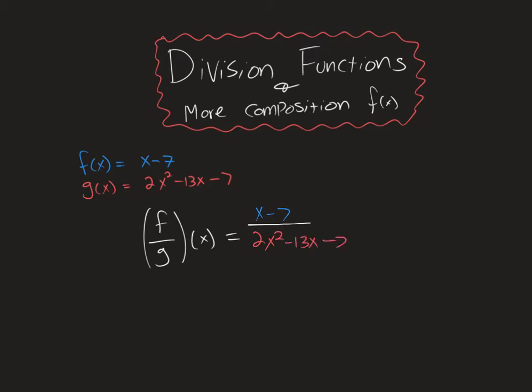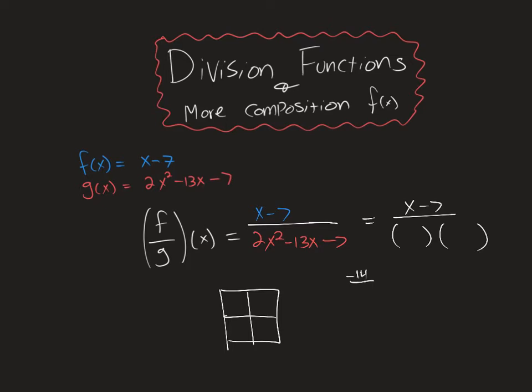And I hope that you start to see that this is really kind of the same thing we did in the rational function topic, where you've got the x minus 7 on the top, and you can really factor this denominator. So I'm going to go ahead and do that. Two numbers that multiply to negative 14 that add up to negative 13.